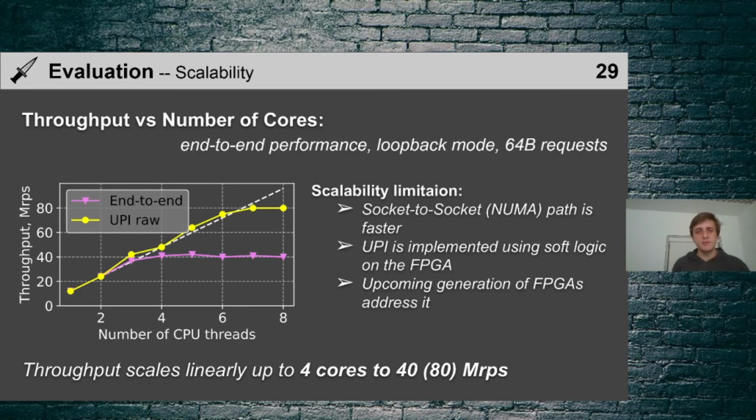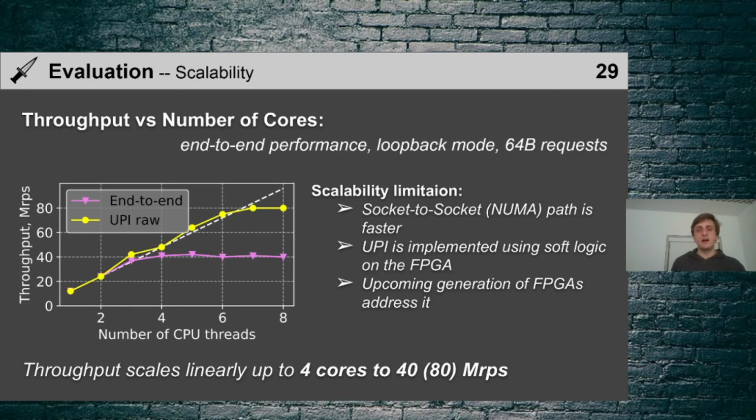Our experiments with socket-to-socket NUMA communication show that the actual NUMA bus is pretty fast, and in theory it can provide an end-to-end system throughput of up to hundreds of millions of requests per second. However, in our current prototype, the UPI bus is implemented using soft logic on the FPGA, and soft logic on the FPGA is an order of magnitude slower than ASICs.